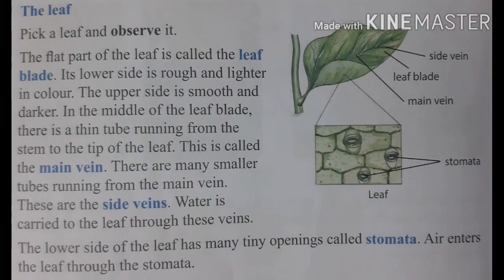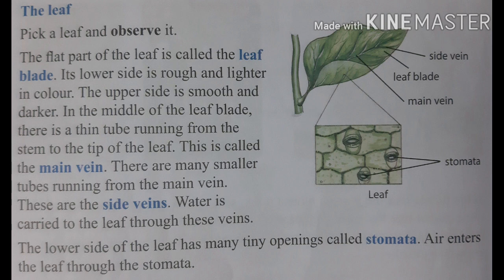The leaf. Pick a leaf and observe it. The flat part of the leaf is called the leaf blade. Its lower side is rough and lighter in color. The upper side is smooth and darker. In the middle of the leaf blade, there is a thin tube running from the stem to the tip of the leaf.